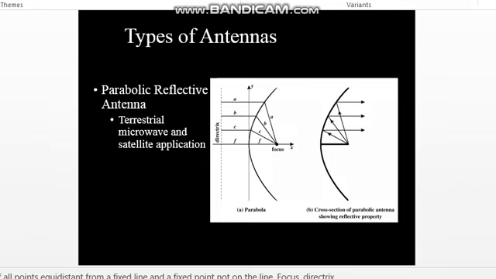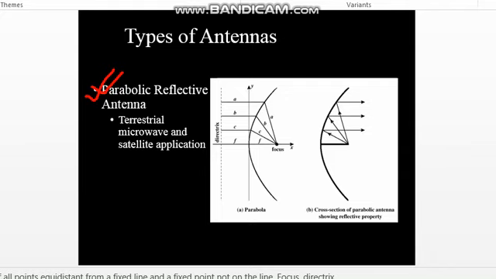Not only that, for astronomy, these parabolic reflective antennas are quite useful to collect signals from space, from objects very far away from us, light years away, from stars to stars and planets to planets. So they are quite sensitive receiving antennas.